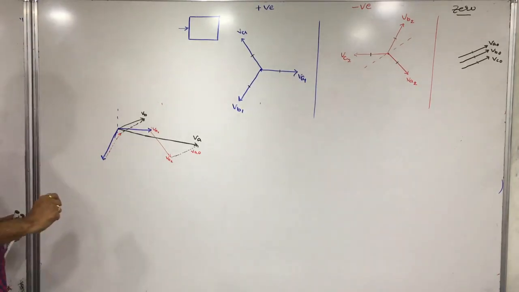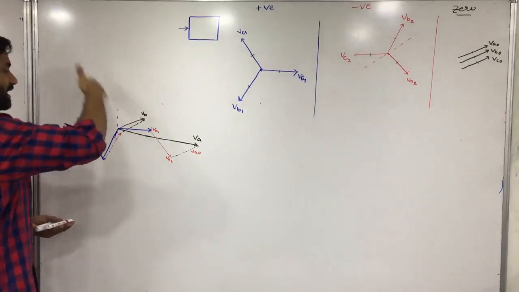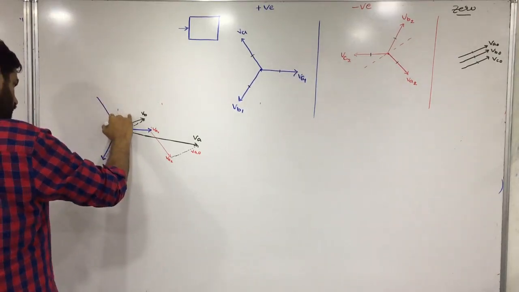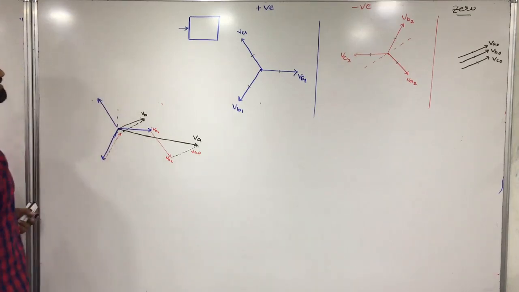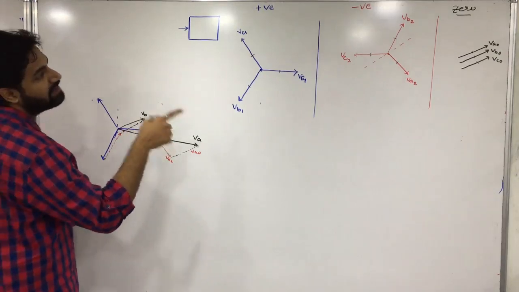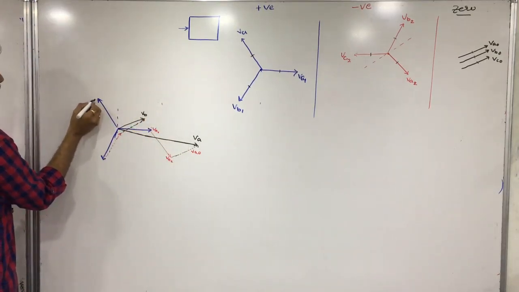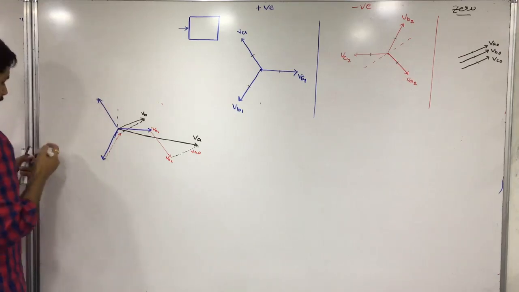So VC is VC1 plus VC2 plus VC0. Where is VC1? It's here. We'll draw VC1, fine. Then we'll have VC2, which is like this. VC2. Oh, I'm sorry, it should be red.